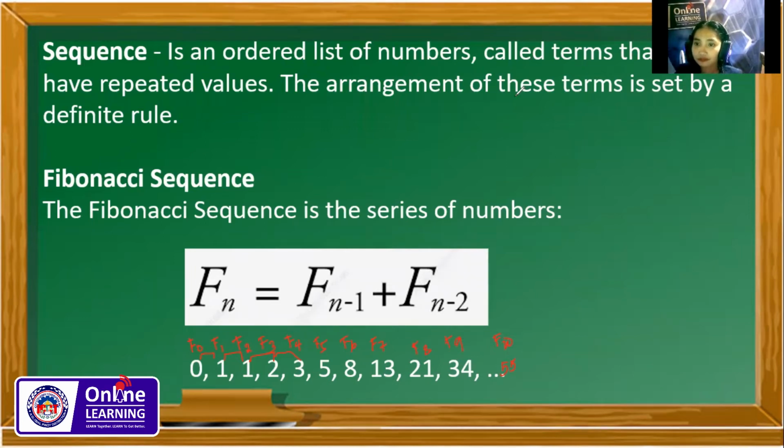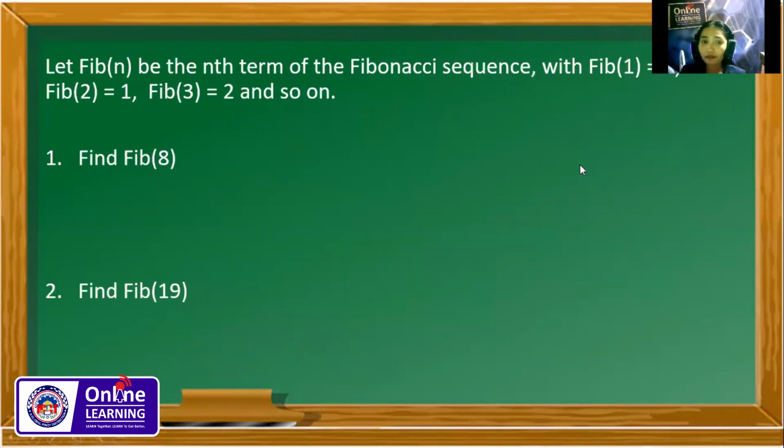Okay, next. So let Fibonacci n be the nth term of the Fibonacci sequence with Fibonacci 1 is equal to 1, then Fibonacci 2 is equal to 1, then Fibonacci 3 is equal to 2, and so on. Ngayon ang hahanapin natin is sa Fibonacci 8 natin. Okay.